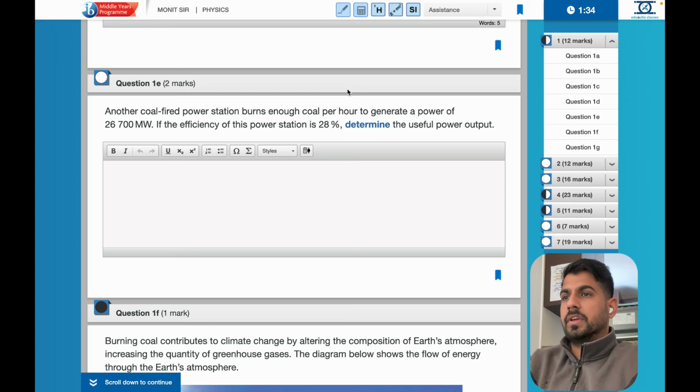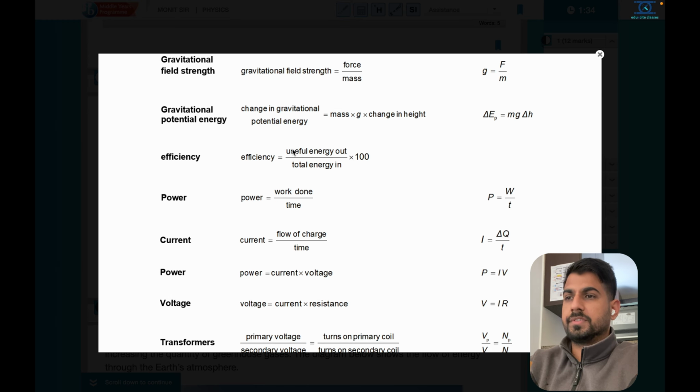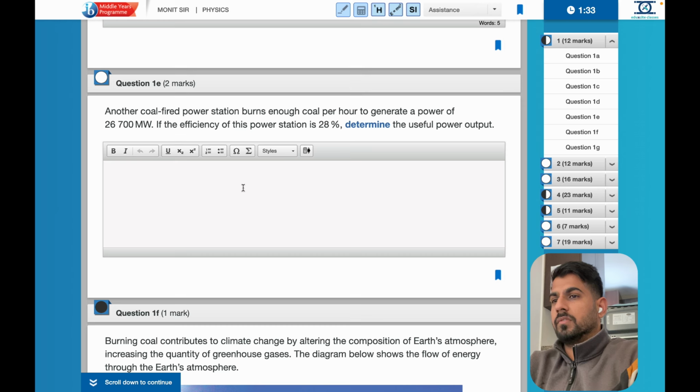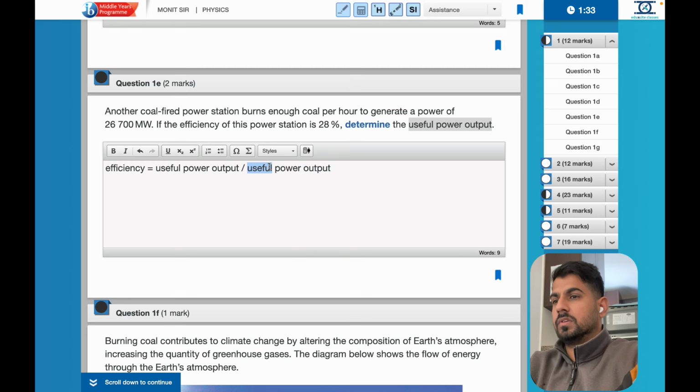Okay, so they have given you the efficiency there. If you go to this formula sheet, there's a formula for efficiency. It is useful energy output over total energy input times 100. The same you can apply for the power as well. For example, I will say that efficiency, or you can denote it by the letter η, is equal to useful power output divided by total power input times 100, right?